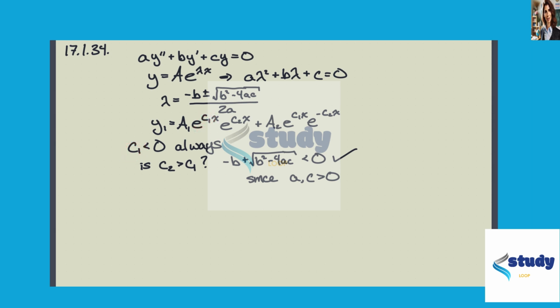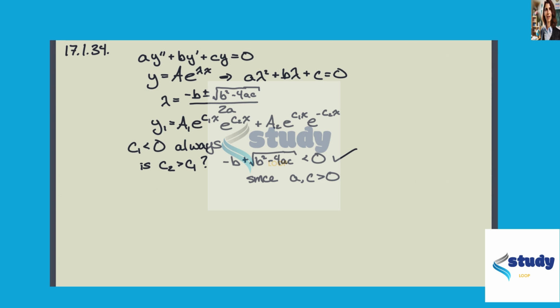So is C2 greater than C1? Well, basically, we just need to look at this: minus b plus the square root of b squared minus 4ac. Is that always going to be less than 0? That would be the exponent of this term here, over 2a.